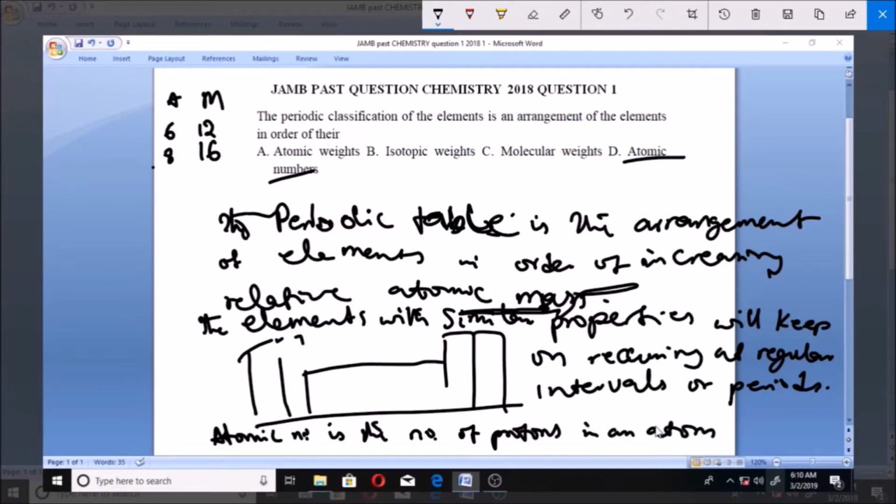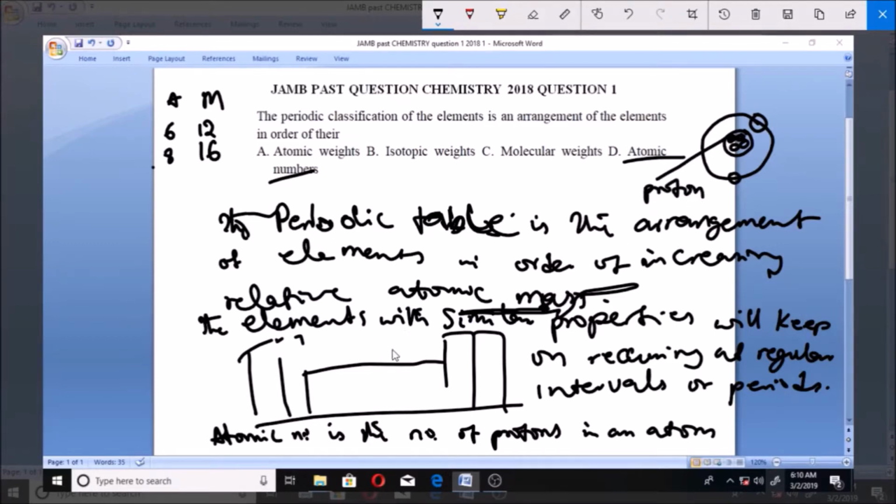So when you have an atom, it will have a nucleus, and inside this nucleus you have the protons as well as the neutrons. Revolving around the nucleus are the electrons. The number of these protons is known as the atomic number.